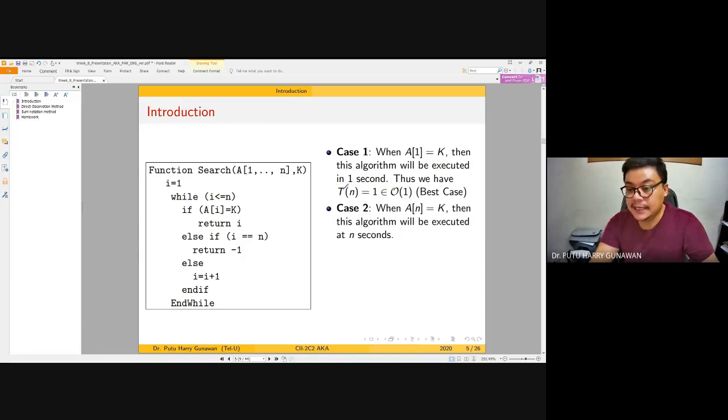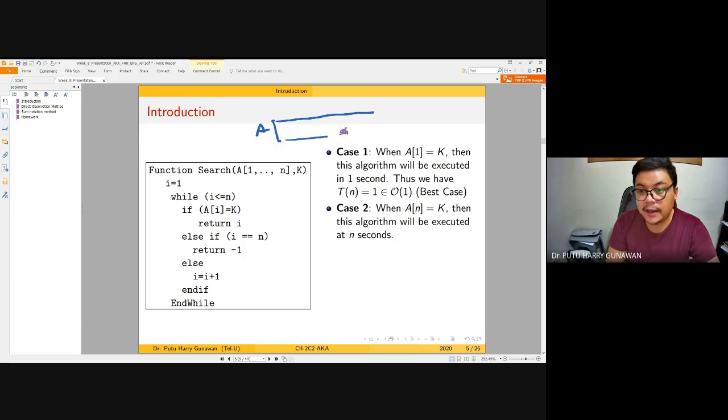The second case is when the position of k is at the end of the array. Say you have the array a with positions 1, 2, and so on until n, and k is at position n. Then this loop will be executed n times, so it needs n seconds.